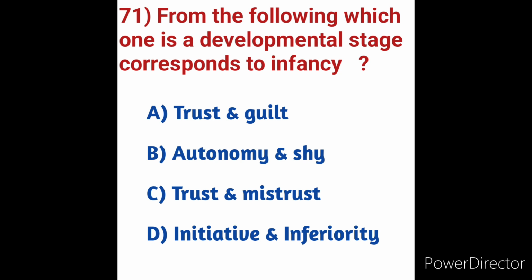The trust versus mistrust stage is the first stage of psychologist Erikson's theory of psychosocial development. This stage begins at birth and lasts until a child is around 18 months old. Here the stage is trust versus mistrust in infancy, the first of Erikson's 8 stages of psychosocial development, between birth and 18 months of age.